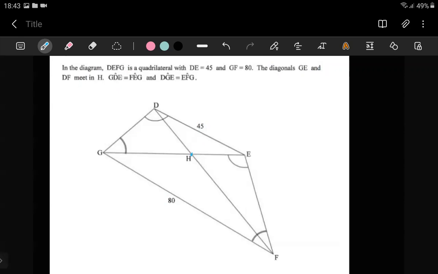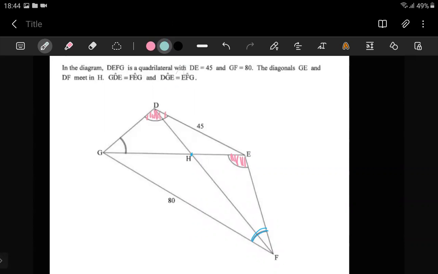And then it says here, this angle is equal to that one. So they've labeled what's equal here. This angle here, they said, GDE is equal to FEG. So let's put those in pink. This is equal to that, okay?